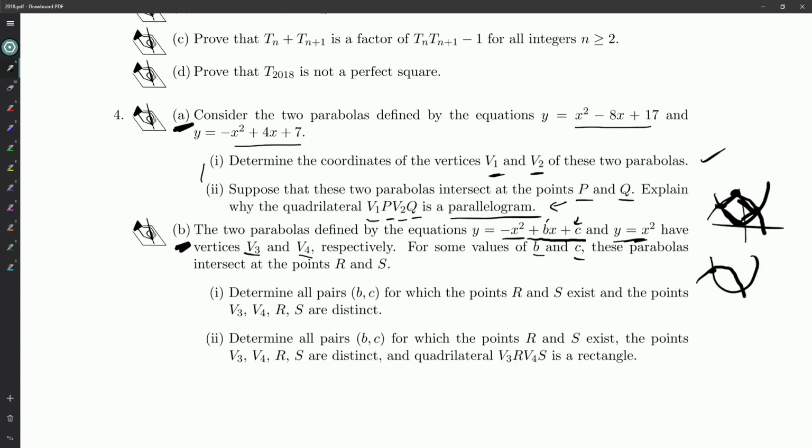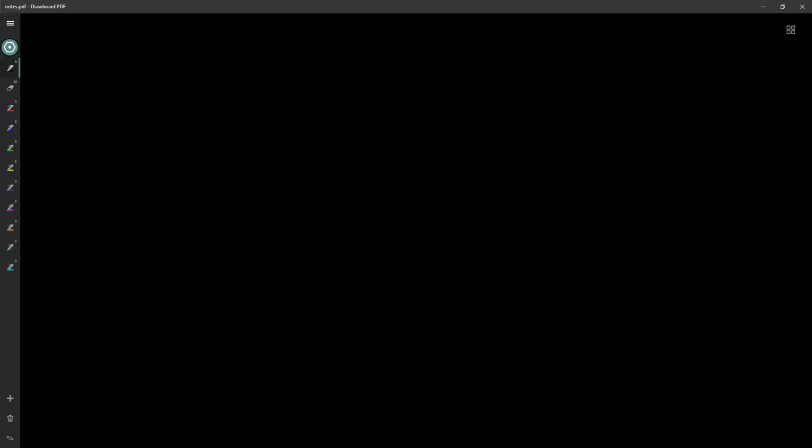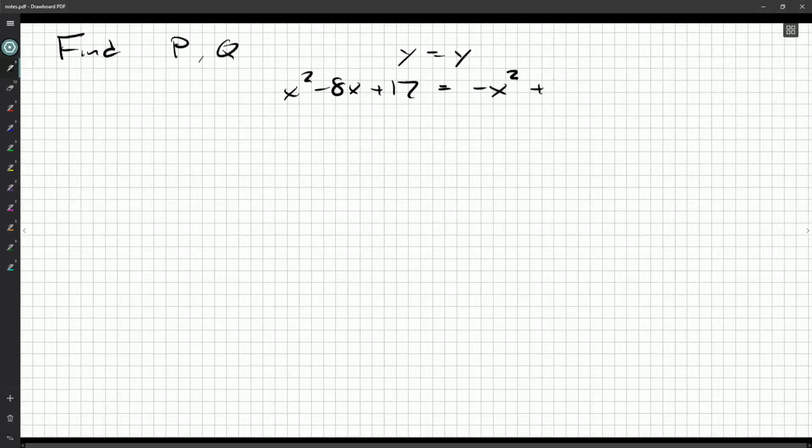So a good way to test, incidentally, if you've got a parallelogram is to make sure that the opposite pairs of slopes are equal, because then the lines are parallel, right? So, let's get the intersection points. So find P and Q. So y is equal to y. X squared minus 8x plus 17 is minus x squared plus 4x plus 7.